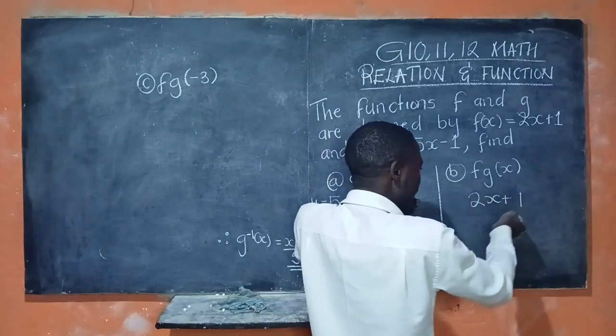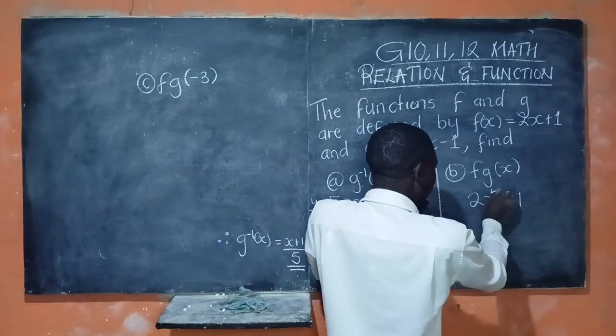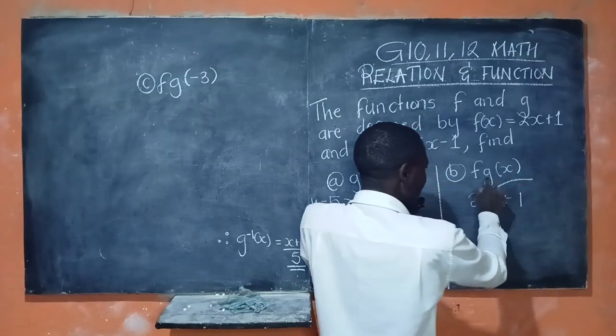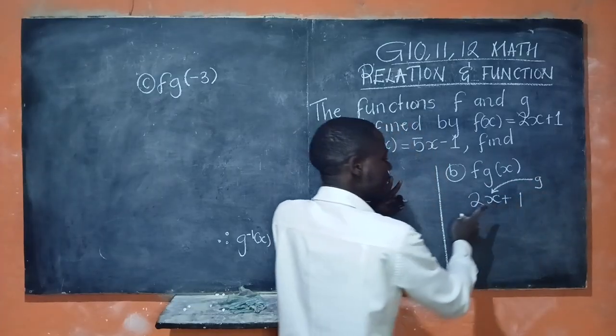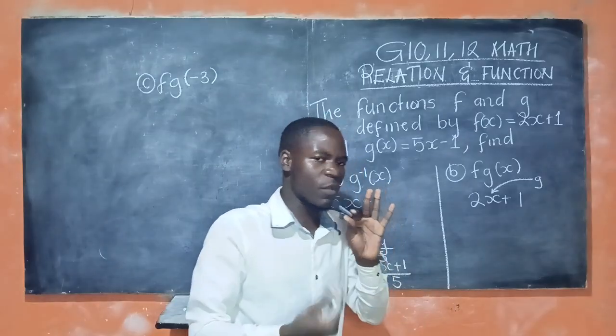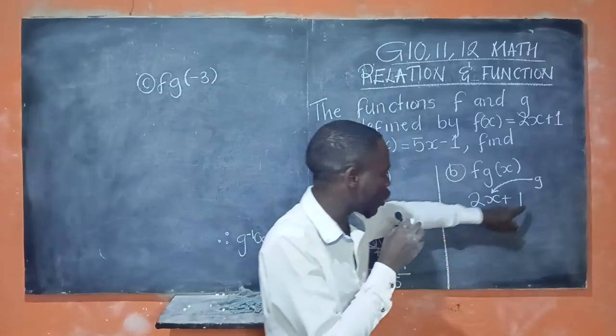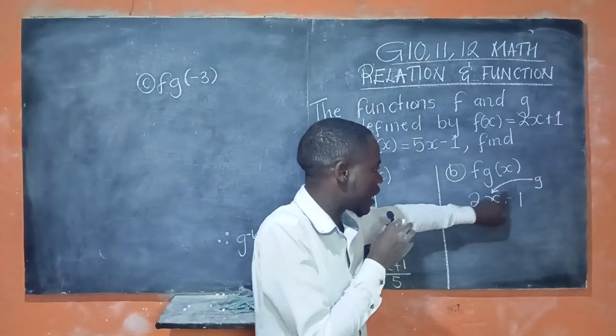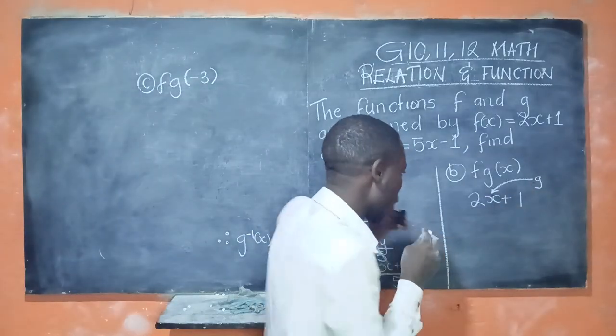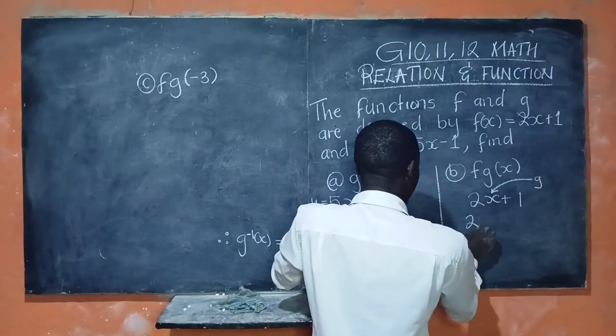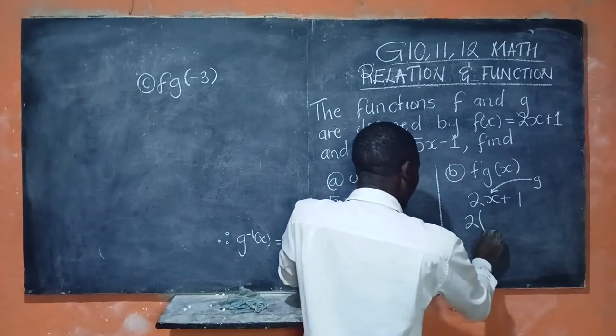So where there is x, we replace it with the values of g. You can see the way I'm writing is very simple and understandable. So I want you to replace the value of x with g. In this case, we have 2, then we open the bracket.